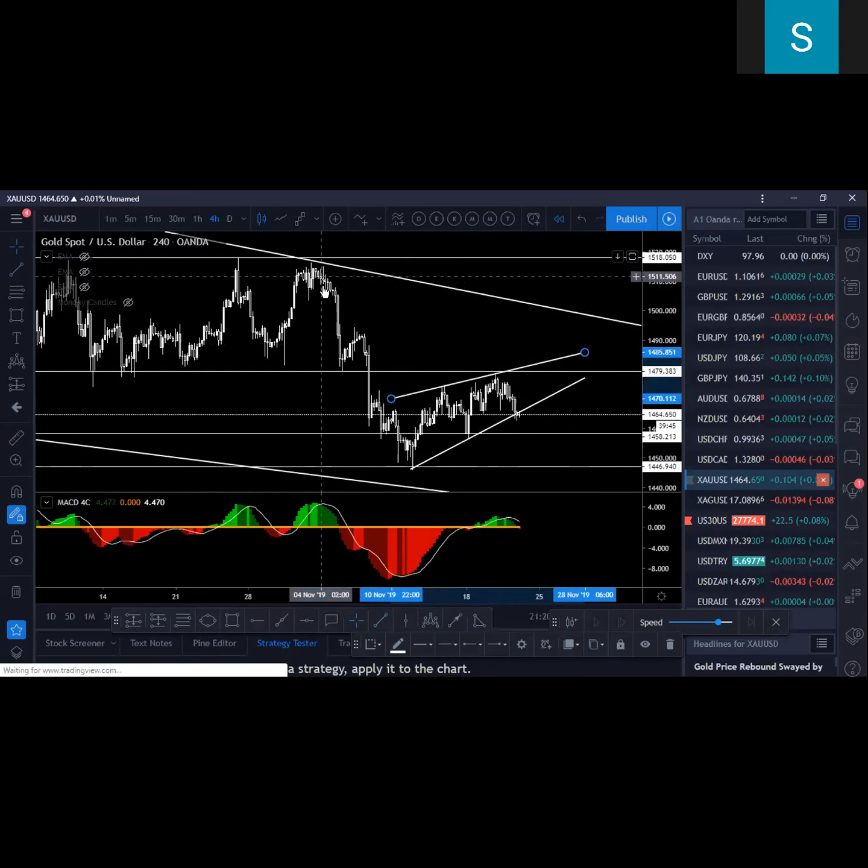All right, so price was in a downtrend, and now we get the opposite wedge, the rising wedge. So price is heading up, but we're looking for it to break and continue. So we got a nice rising wedge here now.